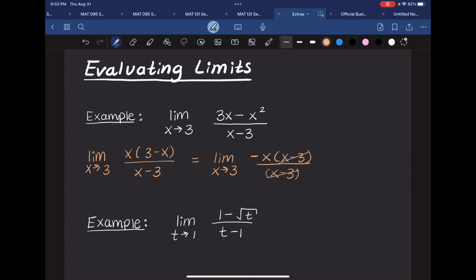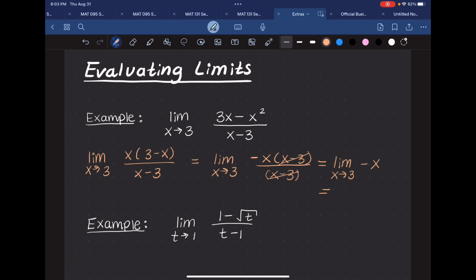So we have a hole in this function at x equals 3. And apart from exactly at 3, our function would be equal to negative x. And here we can plug in 3 no problem, and we end up getting negative 3 for our limit.